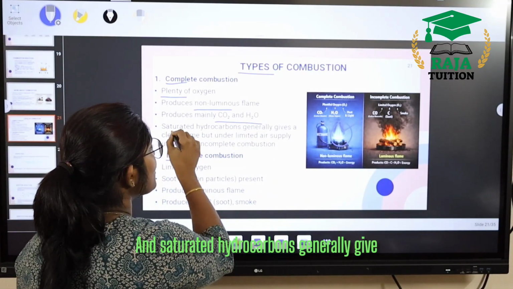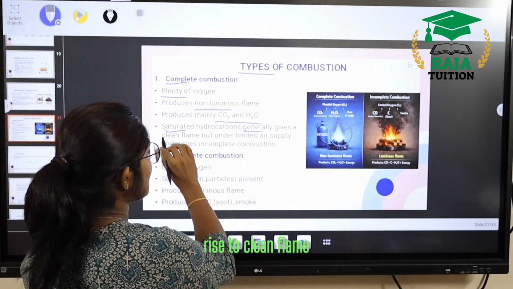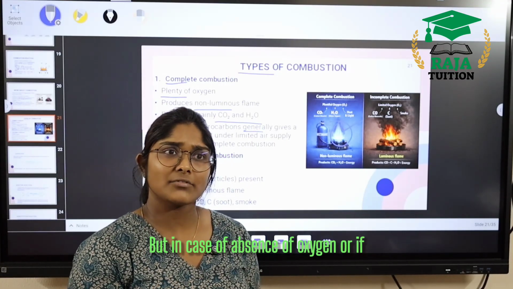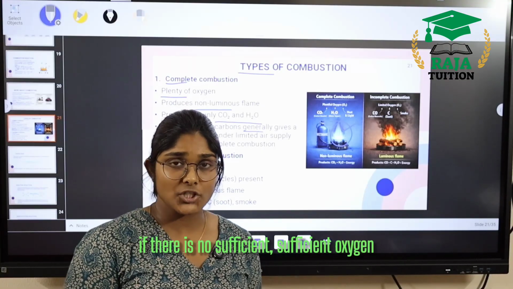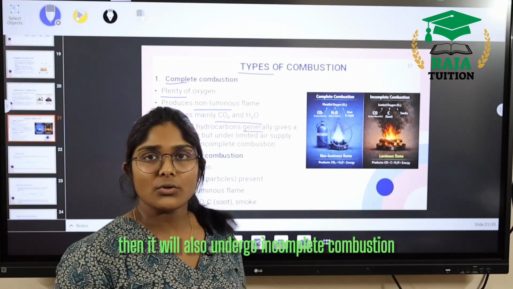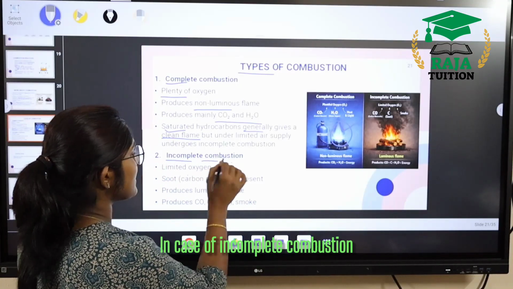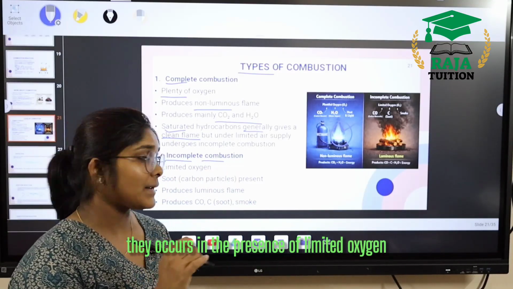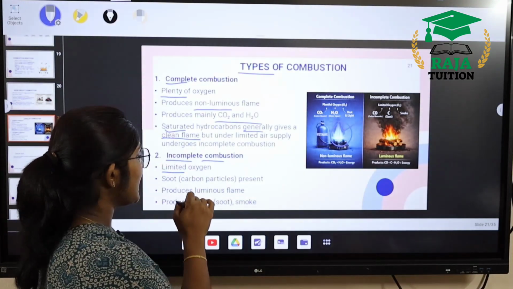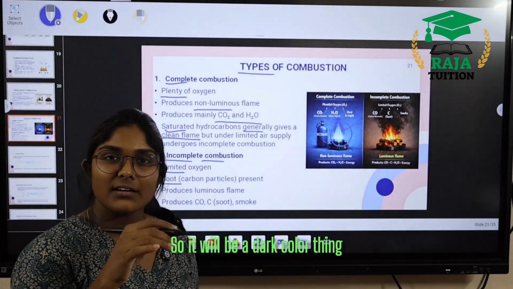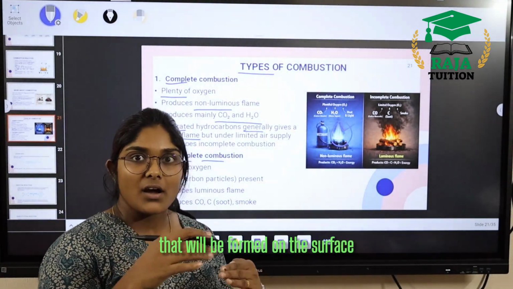Saturated hydrocarbons generally give rise to a clean flame, but in the absence of oxygen or if there is not sufficient oxygen, they will also undergo incomplete combustion. Incomplete combustion occurs in the presence of limited oxygen. It will produce soot, that is carbon particles, a dark colored thing that will be formed on the surface.